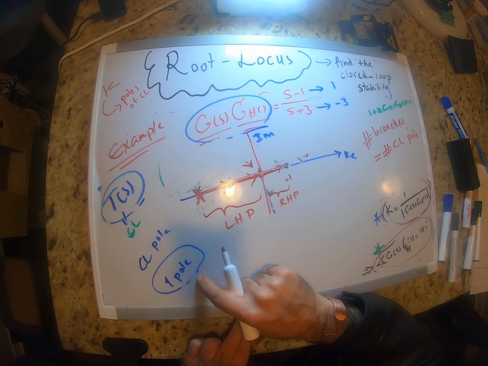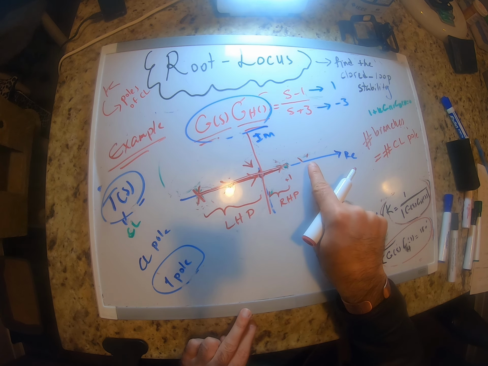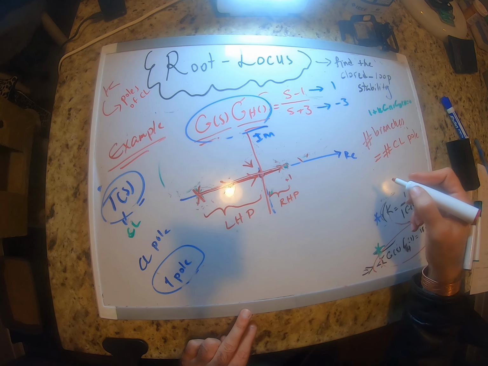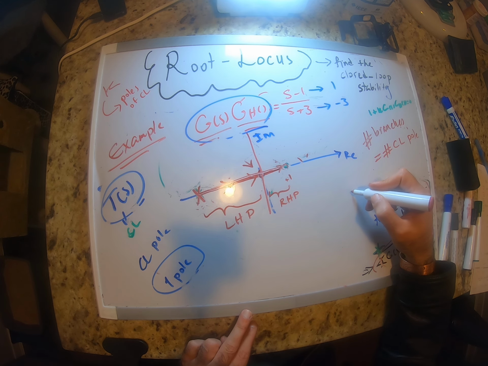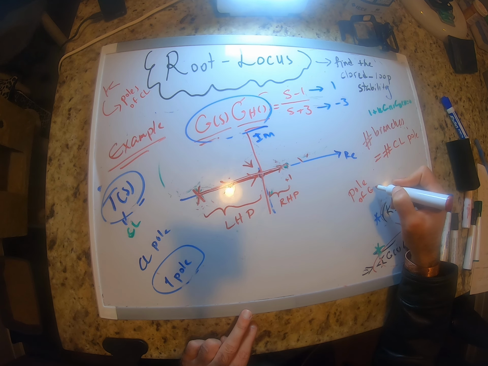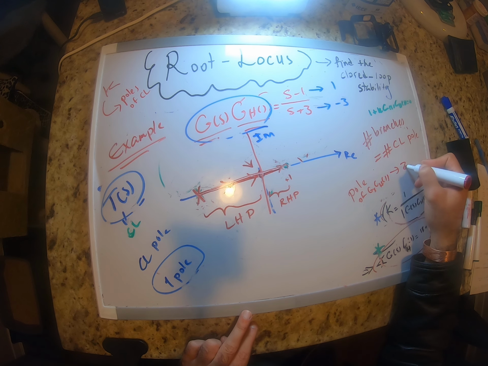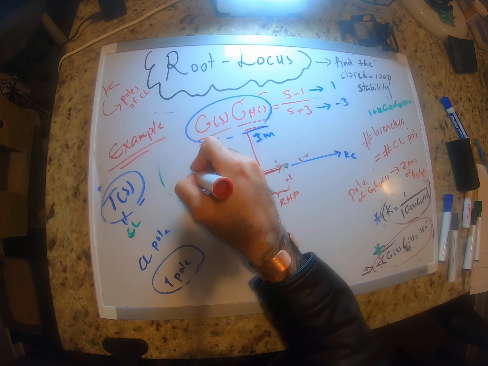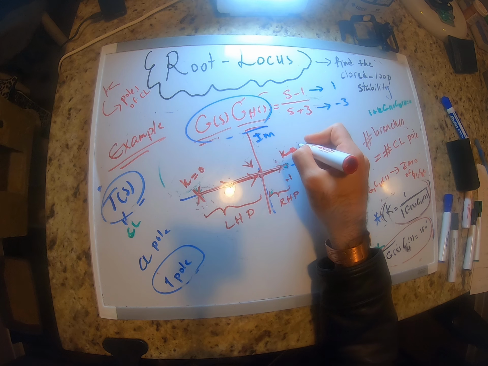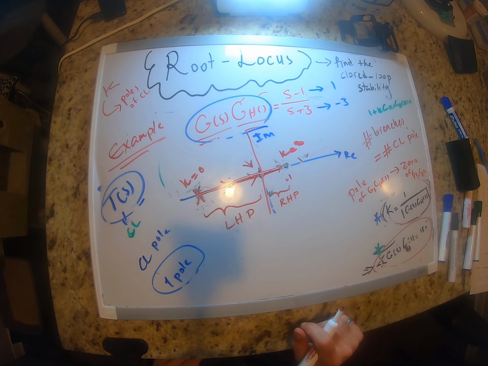Because this system has only one pole, we only have one branch. The root locus branch always moves from a pole of G(s)H(s) to a zero of G(s)H(s). Okay, as k moves from 0 to infinity, this is how the poles of the closed loop system move.